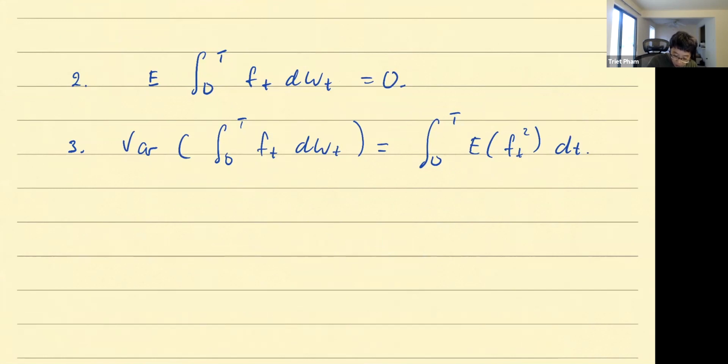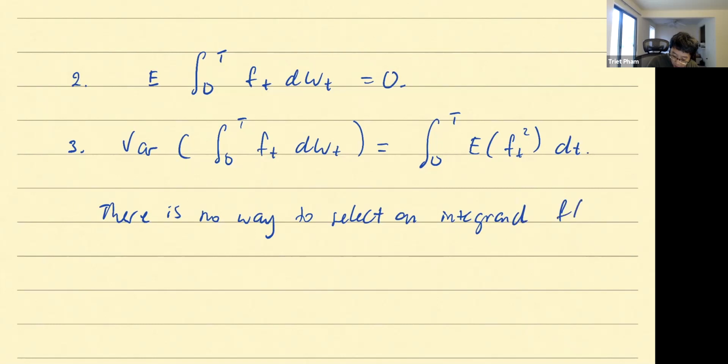The conclusion I want to make is this: there is no way to select an integrand ft so that the integral of ft dWt is guaranteed positive.